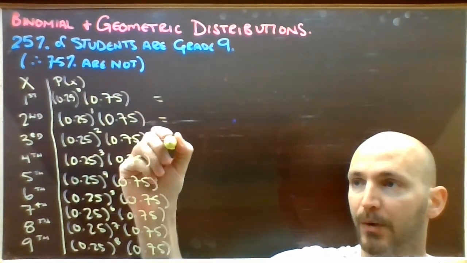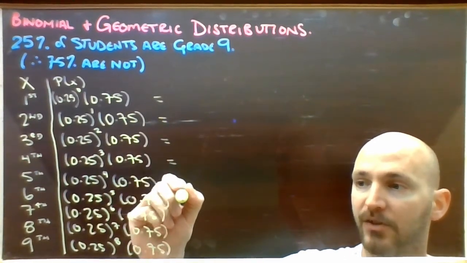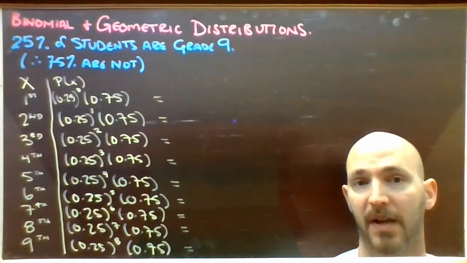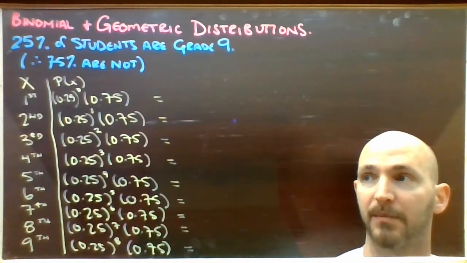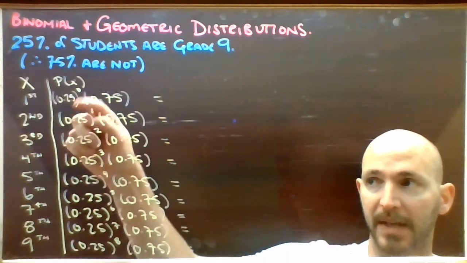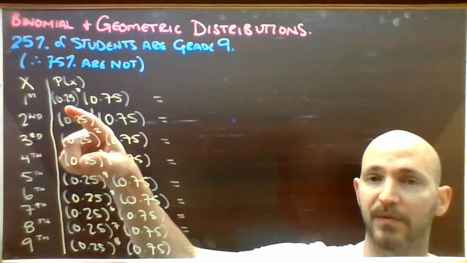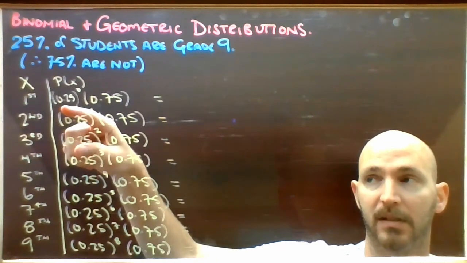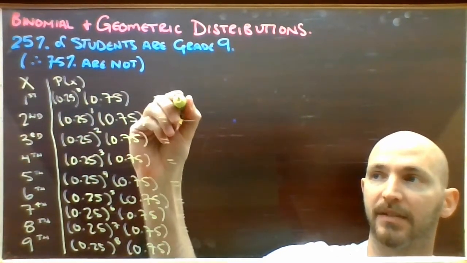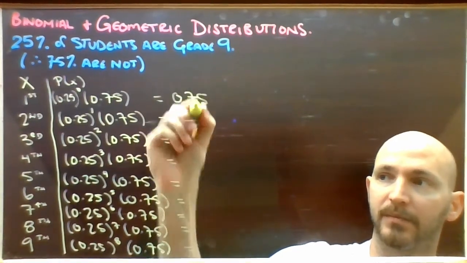So I'm going to go through and actually do these calculations. I'm going to flip into fast forward mode at some point so that we can just get through it more quickly. Basically, the first one, 0.25 to the exponent 0 is 1. Multiplied by 0.75 gives me 0.75.